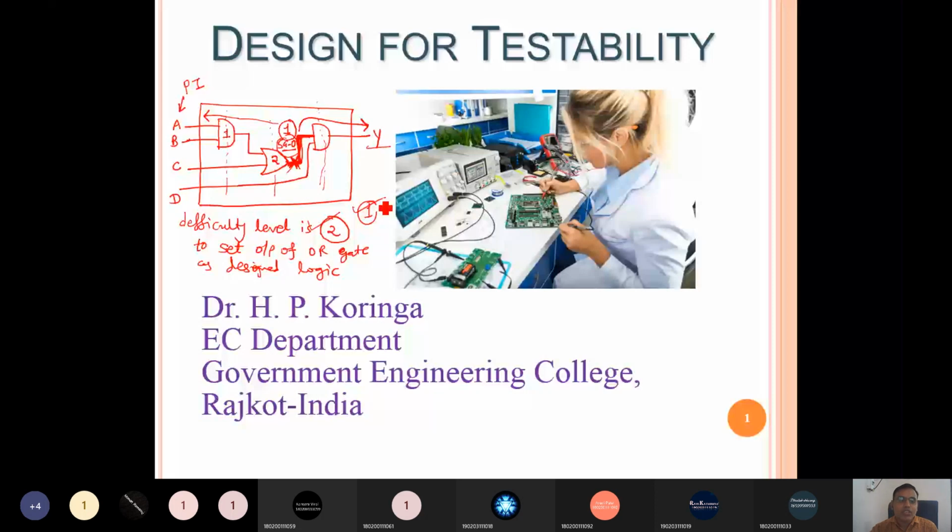So in the ad hoc technique, it adds extra muxes and takes the output of that mux directly to the primary output, right? So it bypasses the stages between the primary output and that mux.